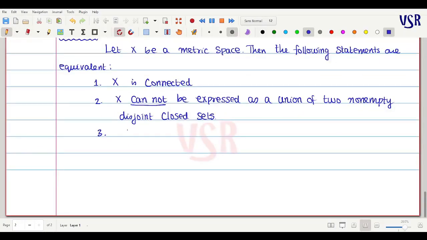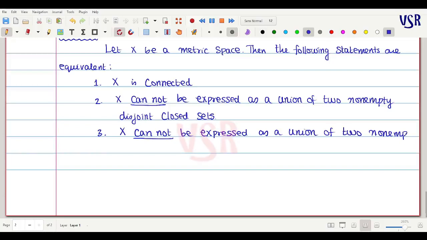Number three, X cannot be expressed as a union of two non-empty sets A, B satisfying the condition that A closure intersection B is equal to A intersection B closure, which is equal to empty.